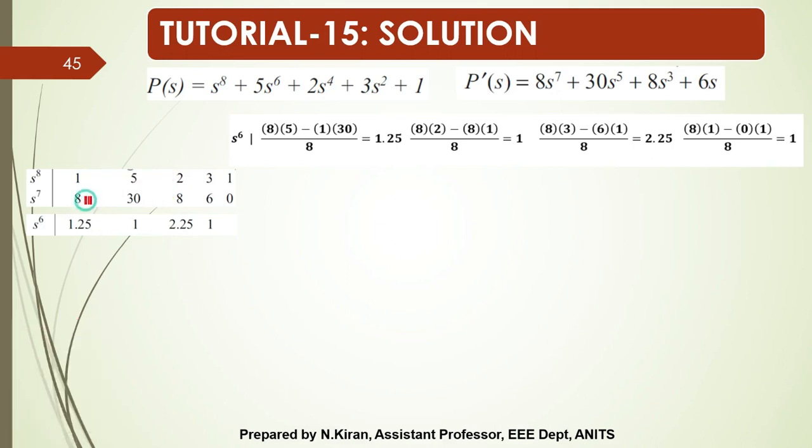The third element, 8 into 3 minus 6 into 1 divided by 8, which will give me 2.25.